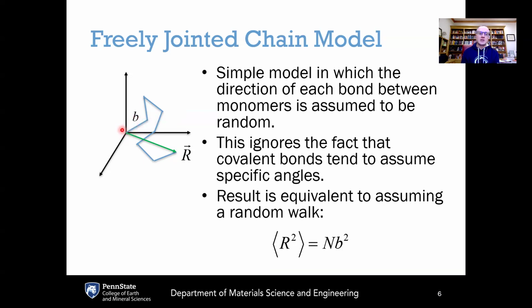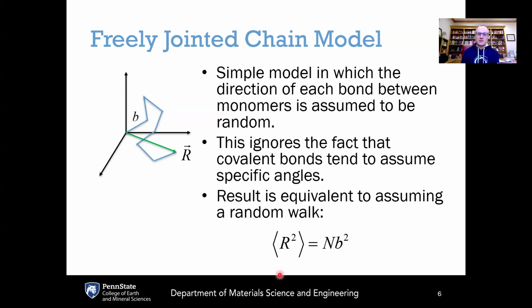So if you start at one end of the polymer here at the origin, and each segment has a length of little b, and if you've got random angles between the segments of the polymers that are connected together, then this overall displacement from the beginning end of the polymer to the opposite end of the polymer after n segments, this displacement vector is given by capital R. And the mean squared displacement then is simply the number of units times the segment length squared, assuming that the angles are random.